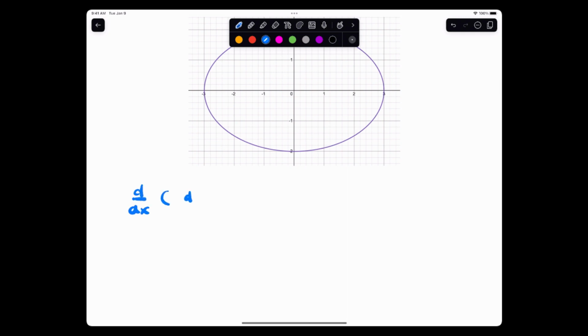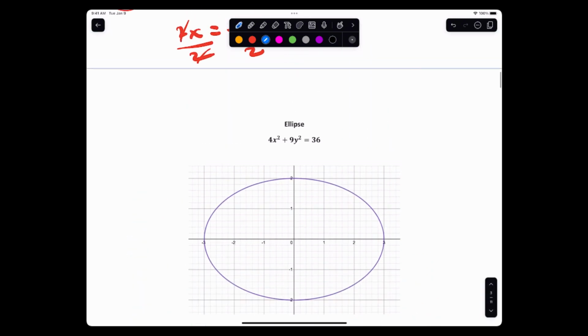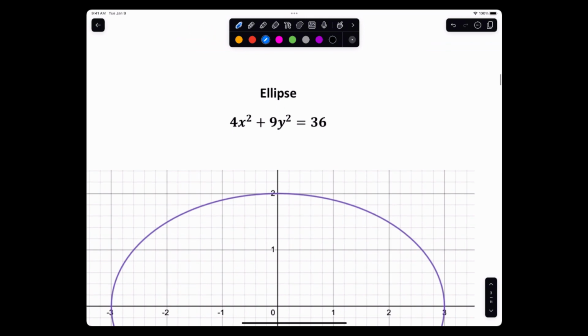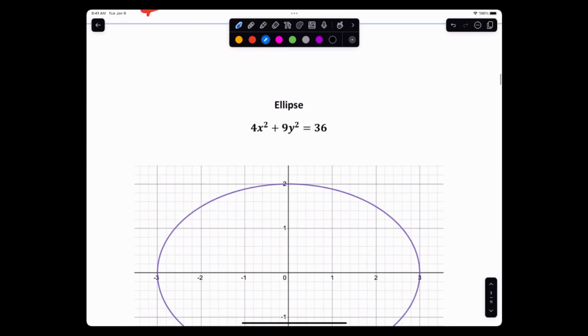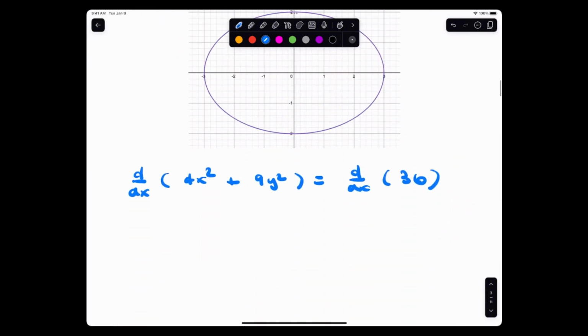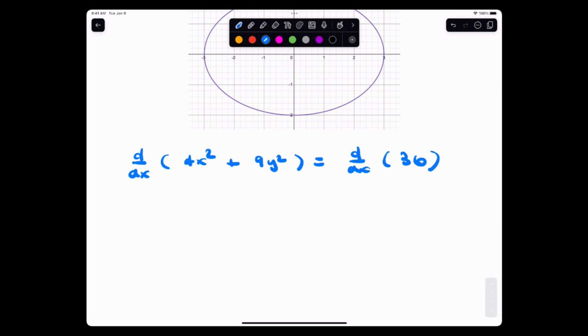Differentiate the left side, which is 4x squared plus 9y squared. Differentiate your right side, which is 36. You guys okay with that? You're differentiating both sides of your equation. y is a function of x again. So by properties on the left, I'm going to use all the properties here.